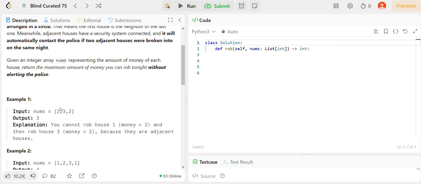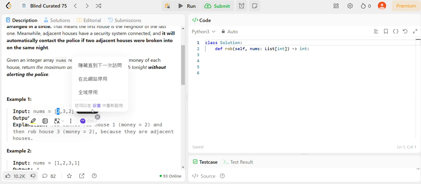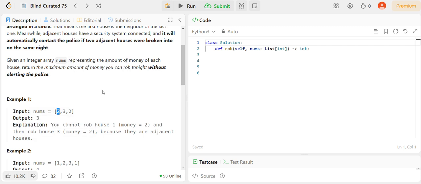So we got 2, 3, 2, and the first two houses have maybe pounds or US dollars, $2, $3, $2. In this case, we have to decide how we can rob the most.